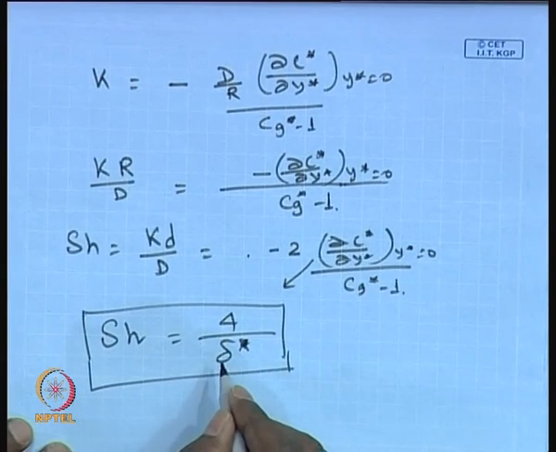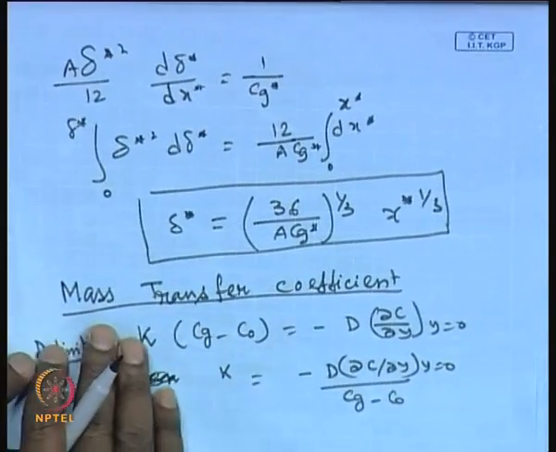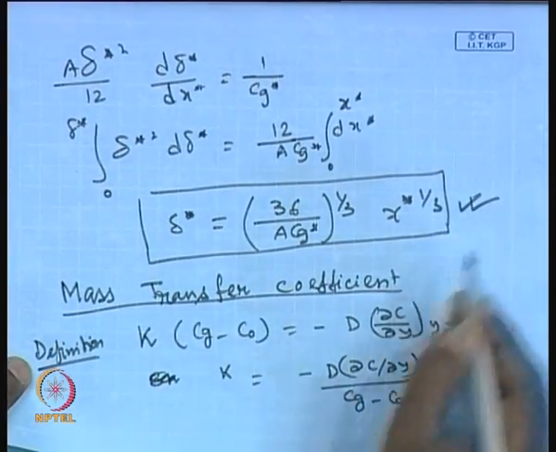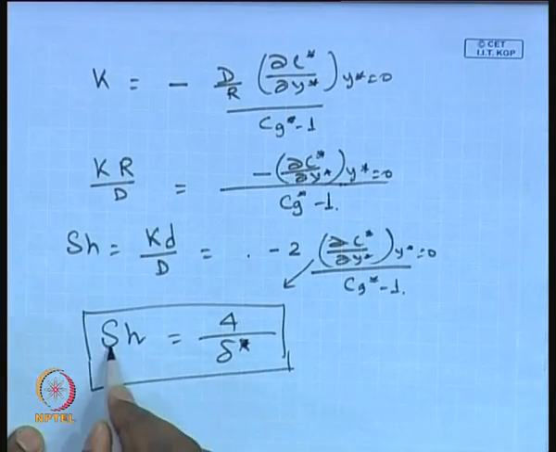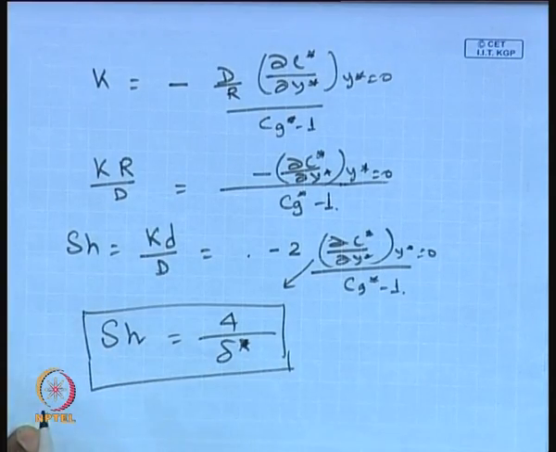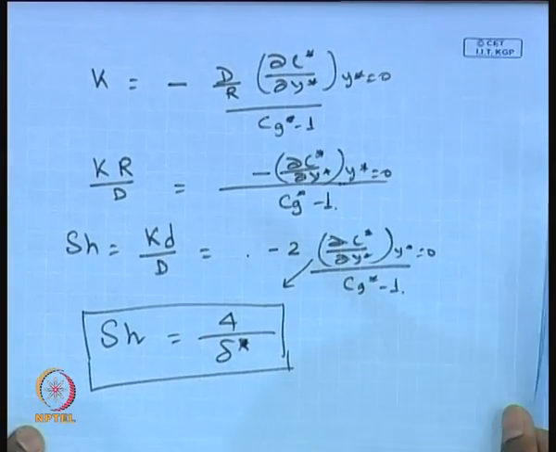And we have just derived how delta star is varying as a function of x star. If you substitute it there, then you will obtain how Sherwood number is varying as a function of x star, and then you can do an averaging, length averaging of the Sherwood number. Okay.